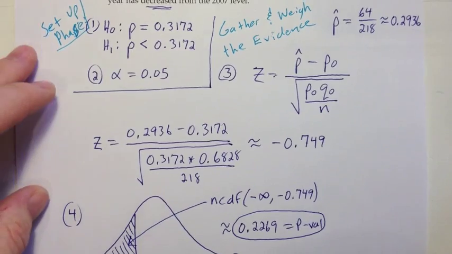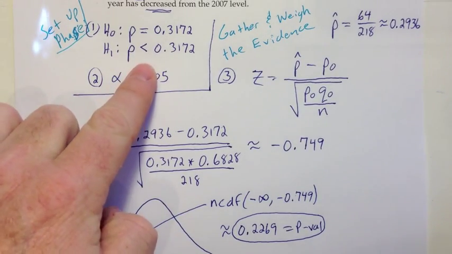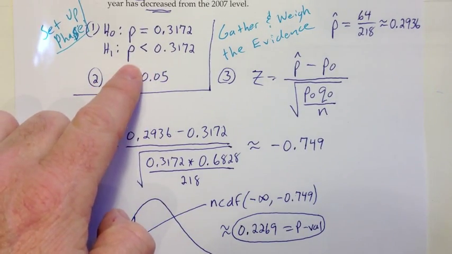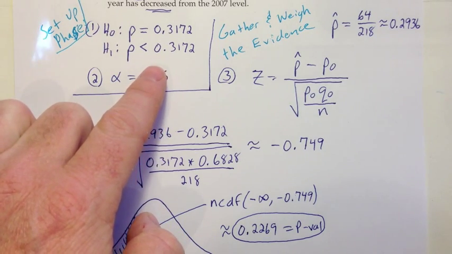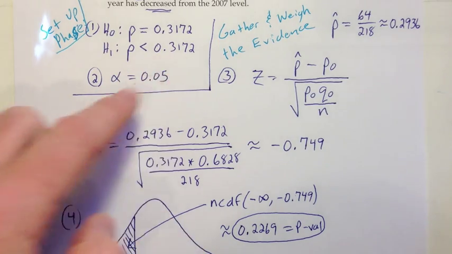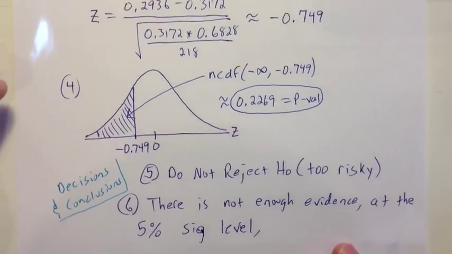And in all hypothesis tests, we're trying to gather evidence to show H1, that the true percentage of current 12th graders that abused marijuana during the last year is less than 31.72%. So write that out.